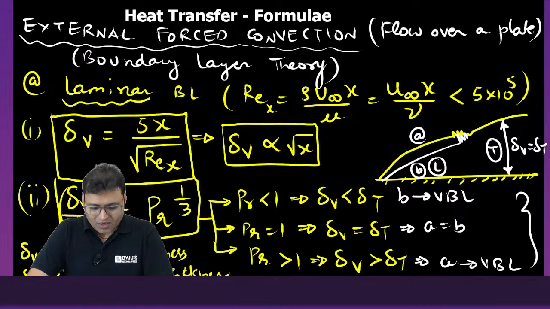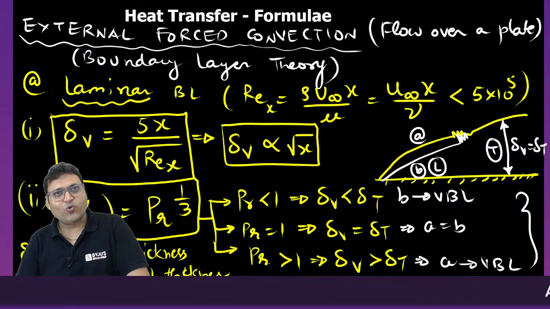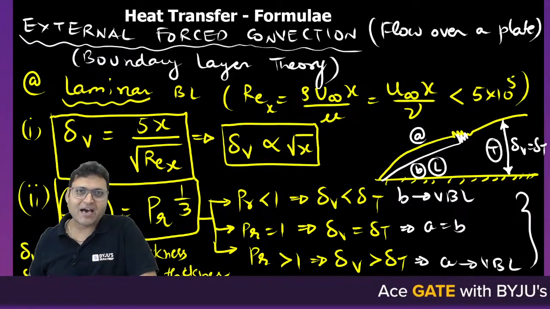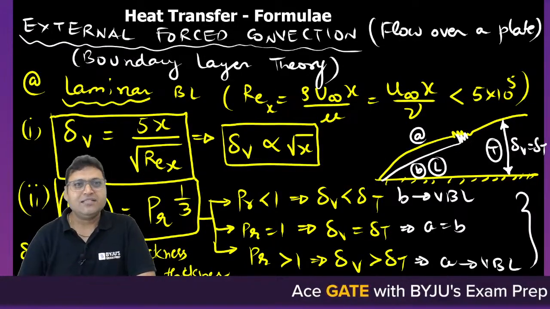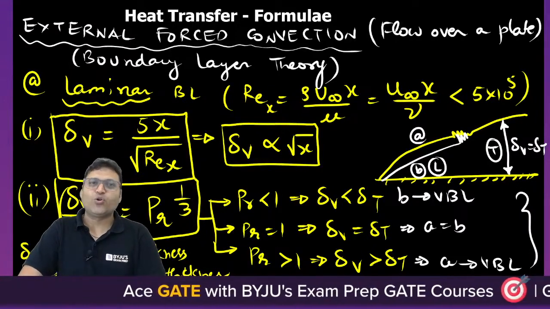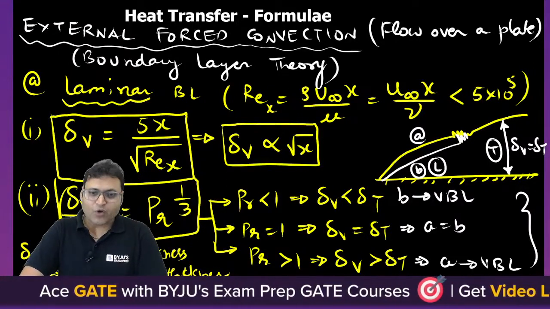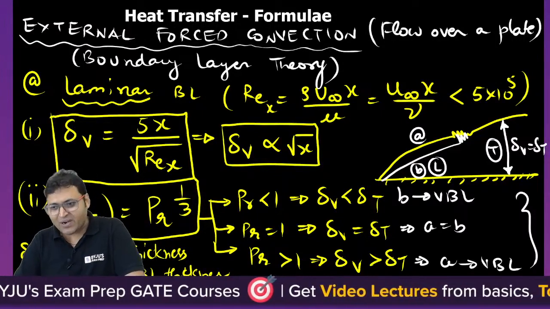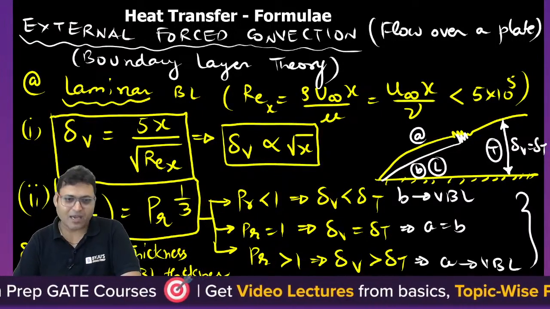So if water is flowing over the flat plate and the boundary layer is laminar, the growth of velocity boundary layer will be more than the growth of thermal boundary layer. So curve A will be the velocity boundary layer and B will be the thermal boundary layer.